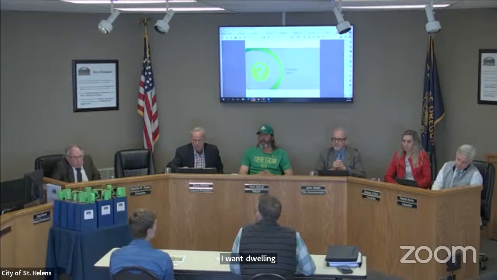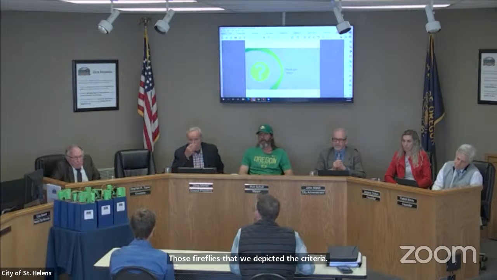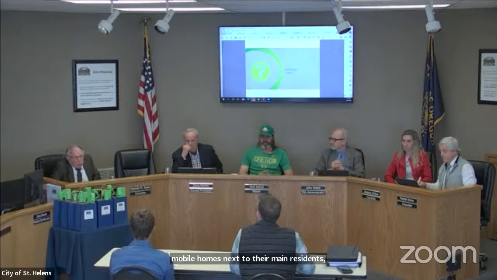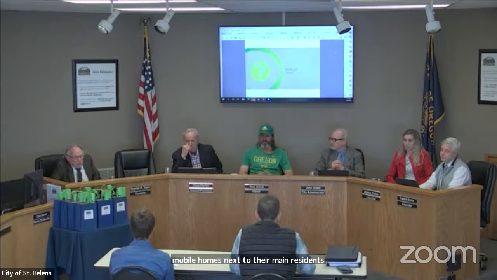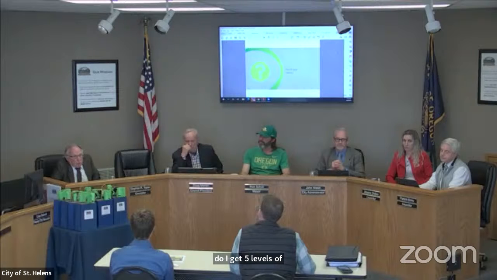We're talking about an event in a residential neighborhood, where the fire flows that we depict as the criteria are what the fire department has communicated to us that they would like to see. Because now with people having mobile homes next to their main residence, the next question having to do with residential: if I bring in 5 fire trucks and hook up to 5 different hydrants, do I get 5 levels of flow, or am I still limited by the main line?